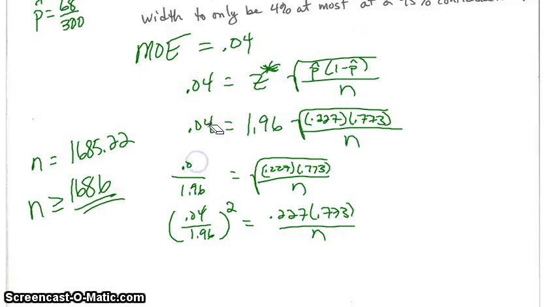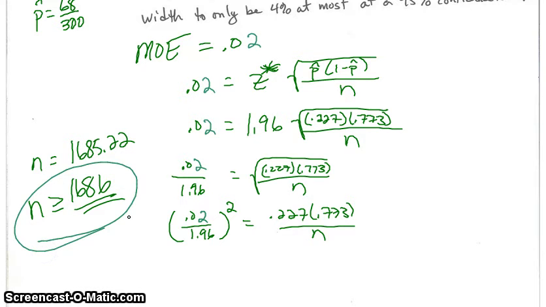So look, got to go back, got to fix. I put margin of error is 0.04, but it's actually 0.02. To get the right answer, I apologize, but here we go. I got excited about statistics. So, final answer, 1686. Make sure you try these on your own and study, study, study.